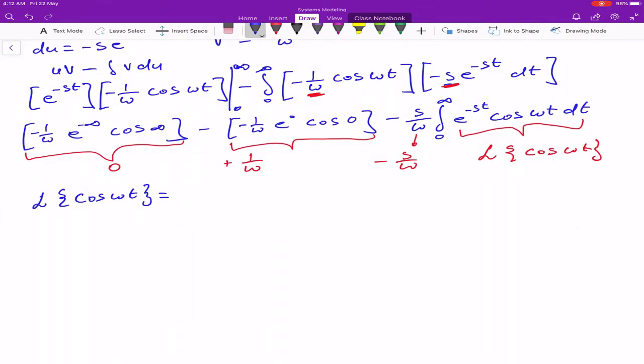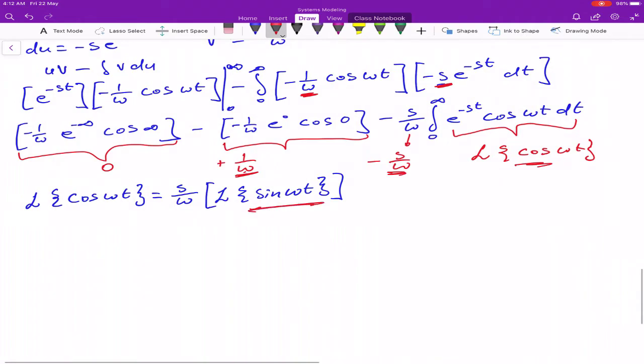It's equal to s over omega times the Laplace transform of sine omega t. And we found the Laplace transform of sine omega t to be this. We are going to substitute that into this equation. So let me just do that.